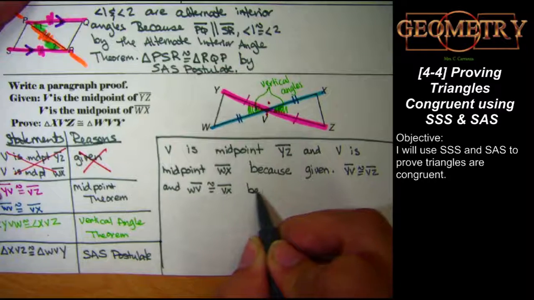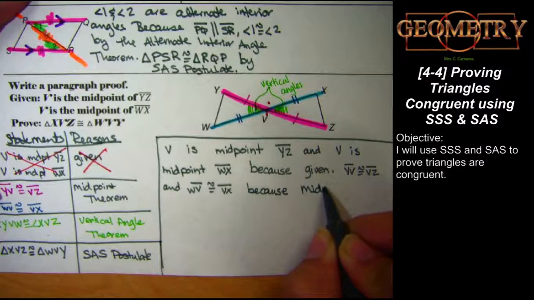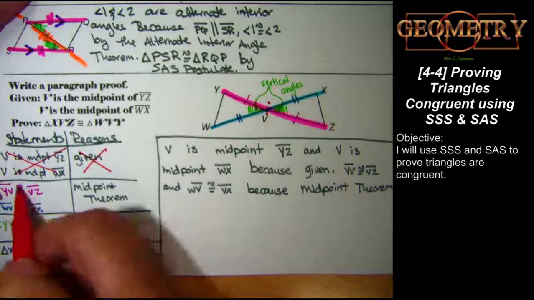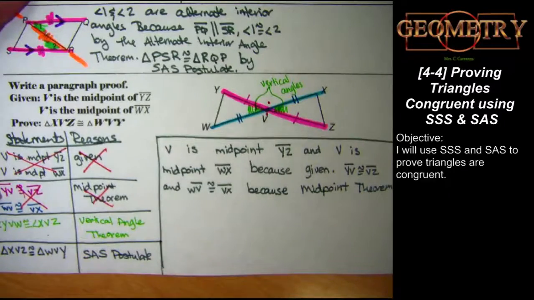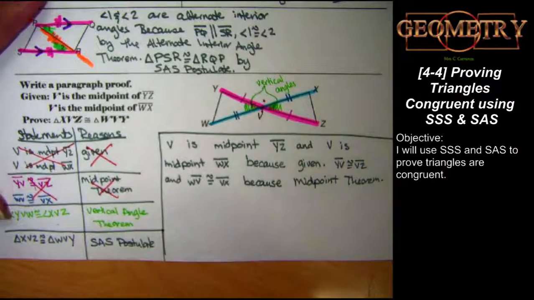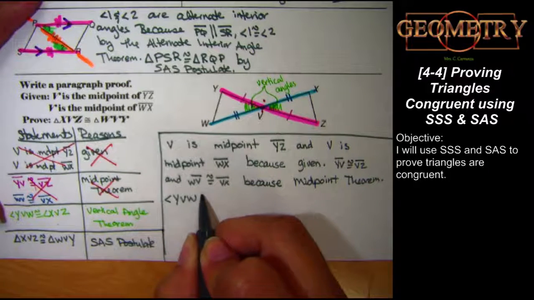I'm going to write the word because. I'm going to write everything in its reason box. Period. I'm done with the second statement and reason. Real quick, I'm going to do the last two, and then we'll come back and try to clean up this paragraph proof, because we want to see what it's going to sound like when we're done writing it.